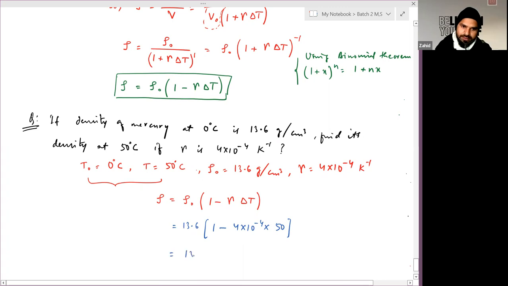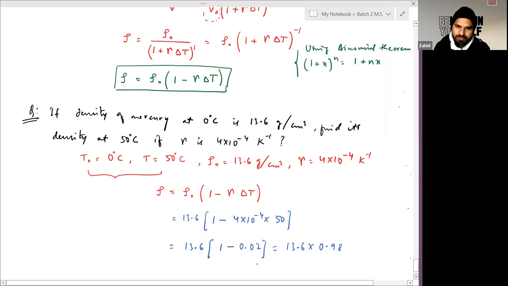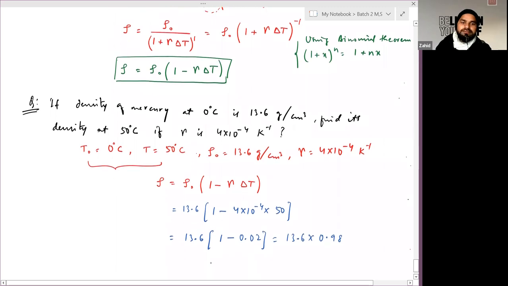On multiplying, 4 into 10 to the power minus 4 times 50 is 0.02. So 13.6 into 1 minus 0.02, which is 0.98. If you multiply this, you will get approximately 13.3 gram per centimeter cube as the final density.